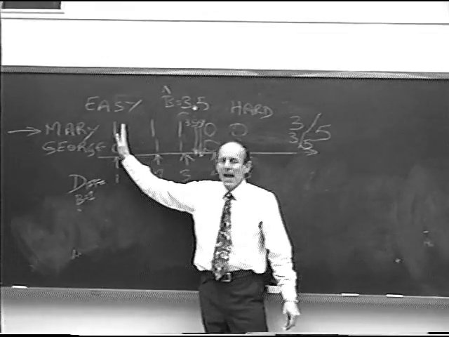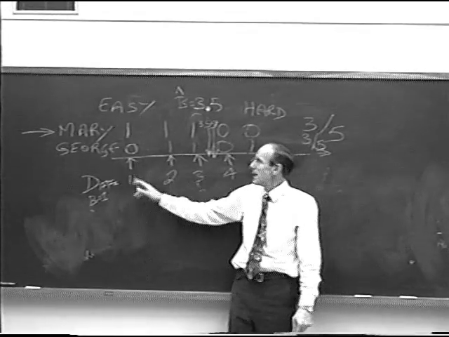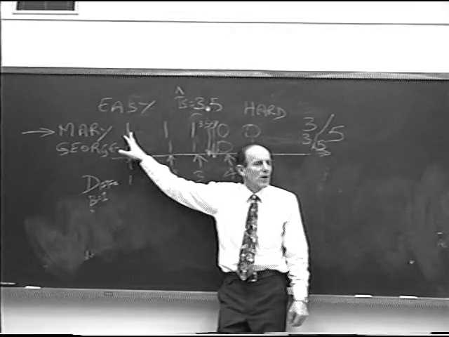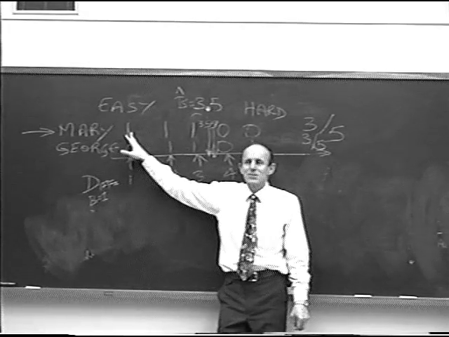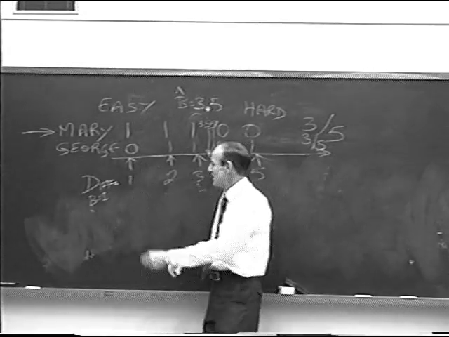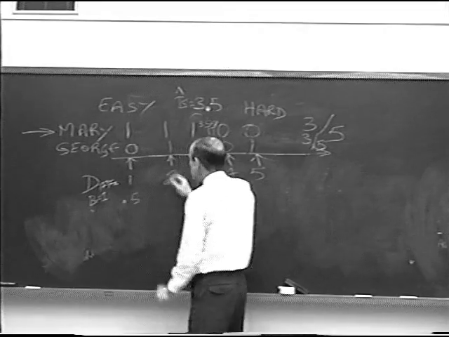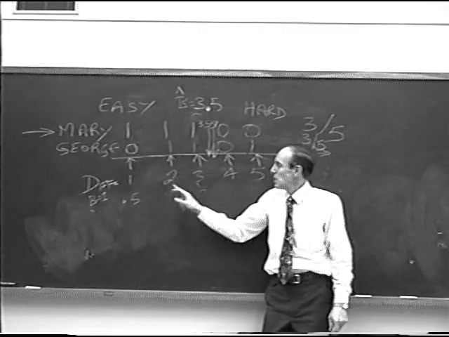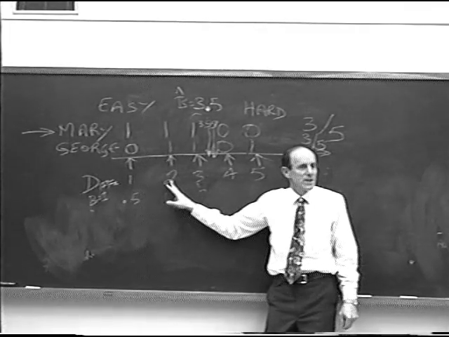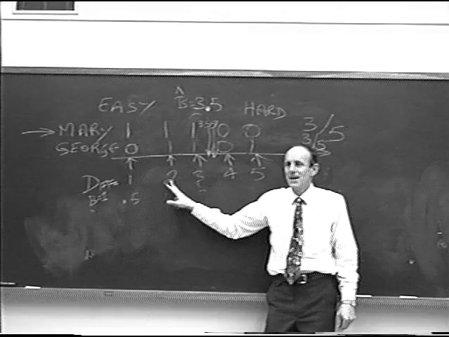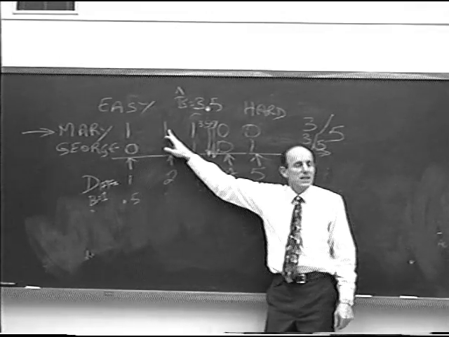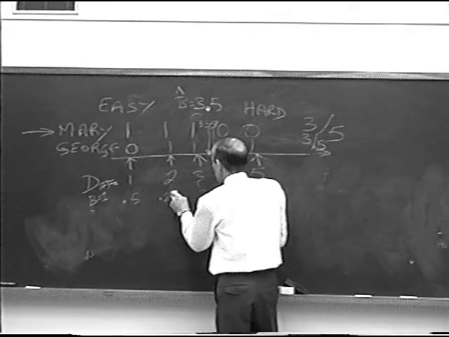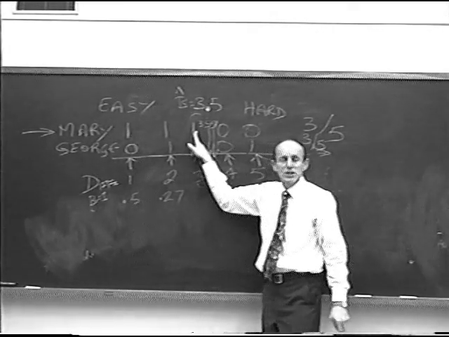If Mary's ability was 1, what's the probability that she would succeed on the first item, whose difficulty is 1? 50%, 0.5. What's the probability that she would succeed on the next item, which is one logit more difficult than she is able? 0.27. What about the next item, which is two logits more difficult?